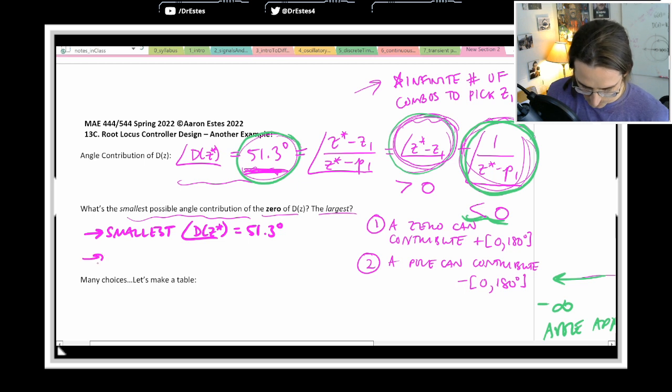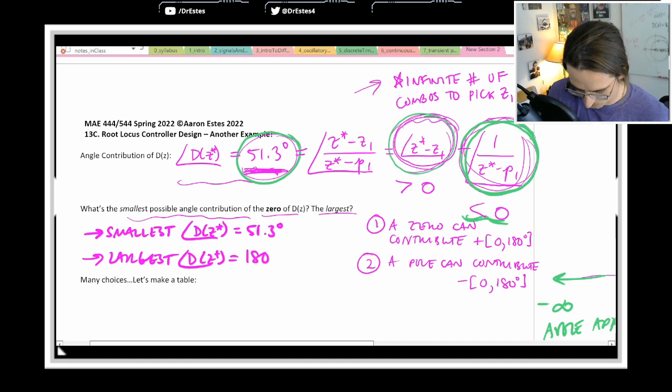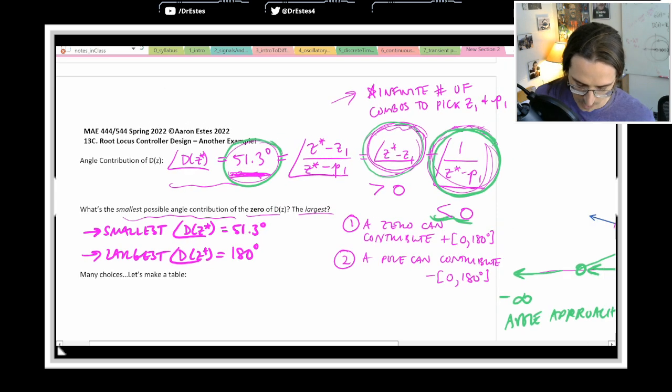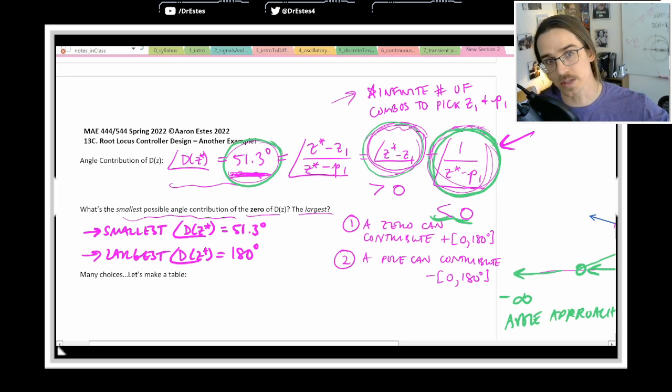The largest, we're not going to do this, but we could make it 180 degrees. If I moved the 0 all the way to positive infinity, I'm going to make an angle of 180. And this will imply that the pole is going to have to subtract close to 130 degrees to bring the overall angle back to 51.3.